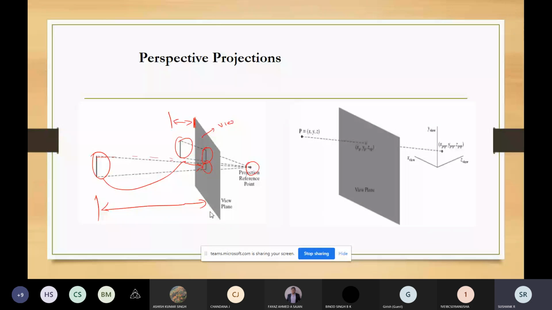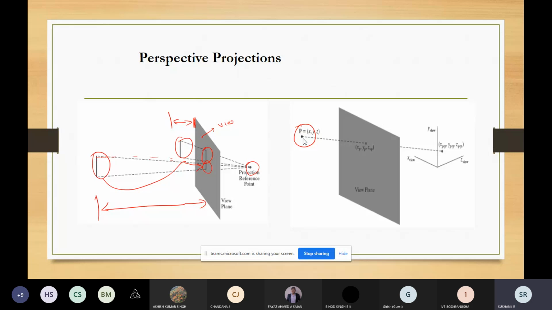Now the next one, on the right-hand side, you can see a point at some position given by x, y, z.